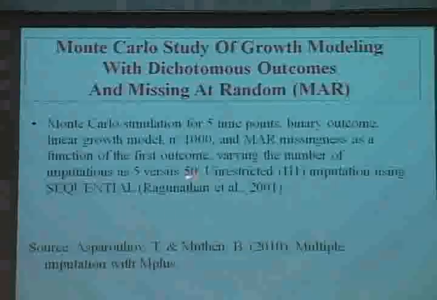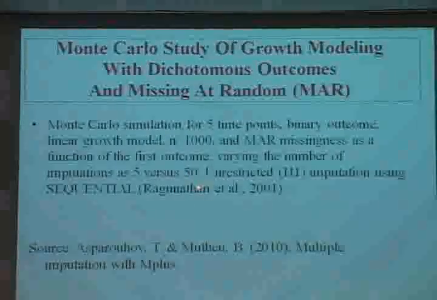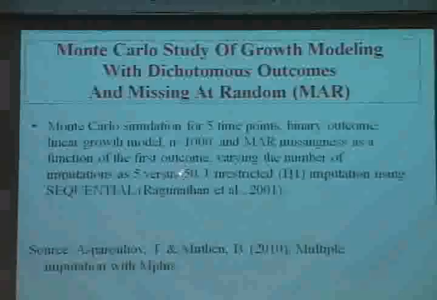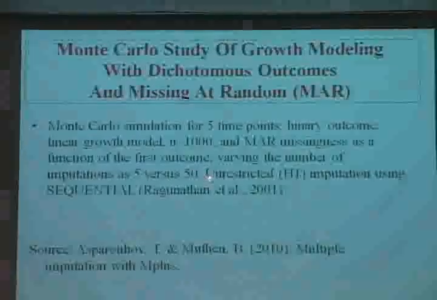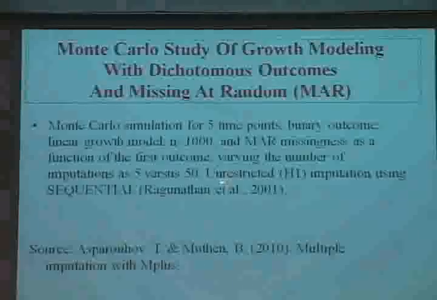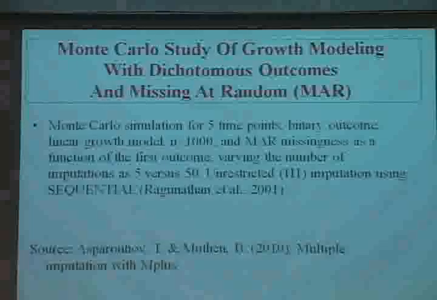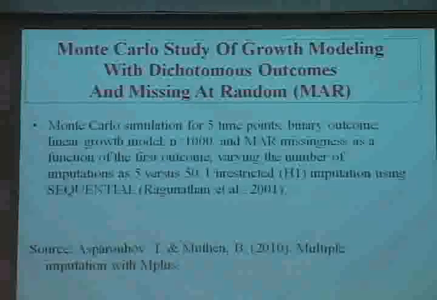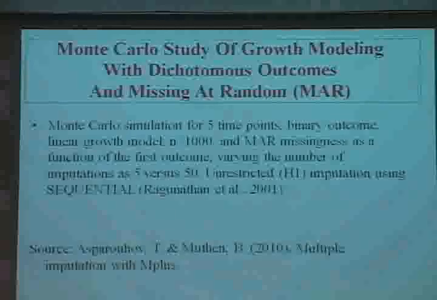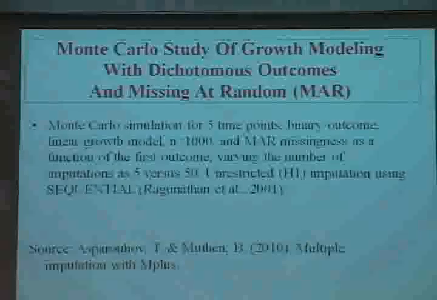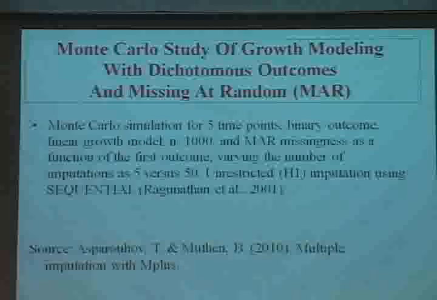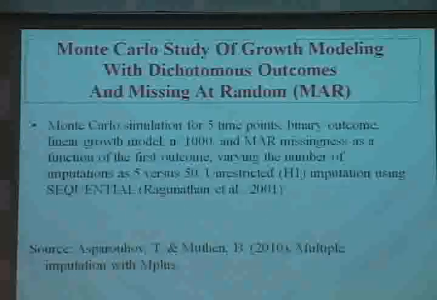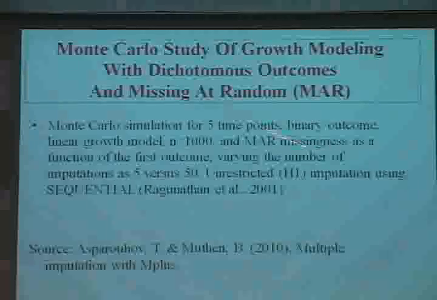The first outcome is 0 or 1, and the rate of missingness is different depending on whether it's 0 or 1. So the probability that an observation is going to be missing depends on the first value that you observe. That is a simple way to generate MAR missing data.